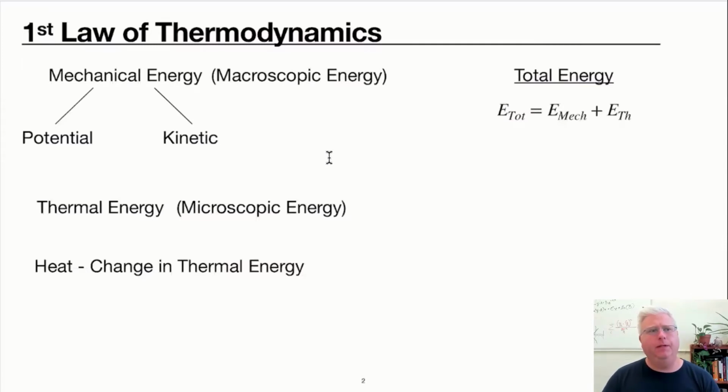So the mechanical energy, that potential energy, kinetic energy, we can also refer to as macroscopic energy. Macroscopic, large things that we can see. And we can refer to thermal energy as microscopic energy.